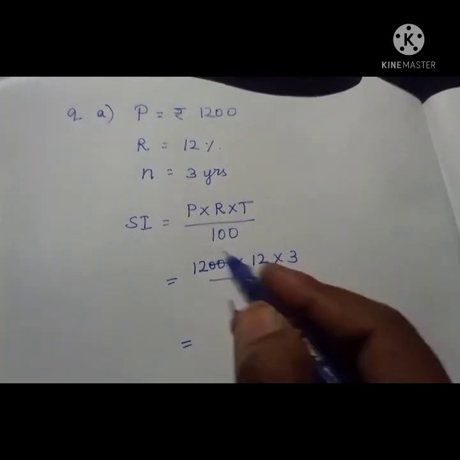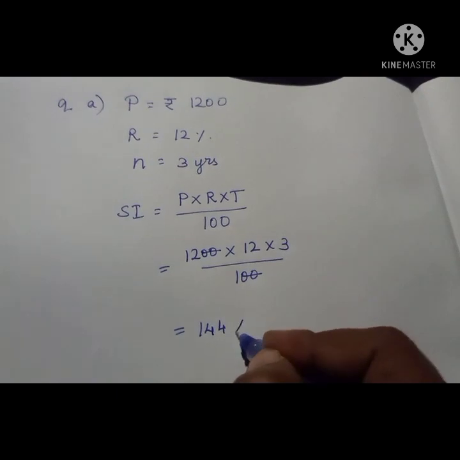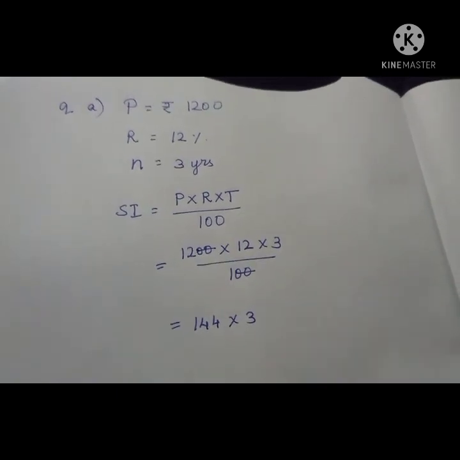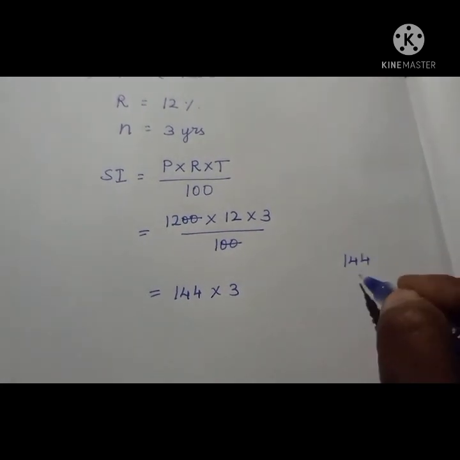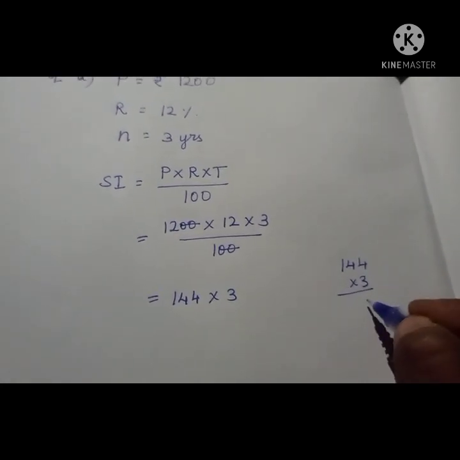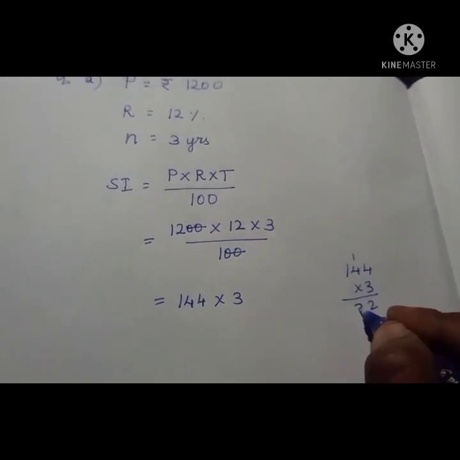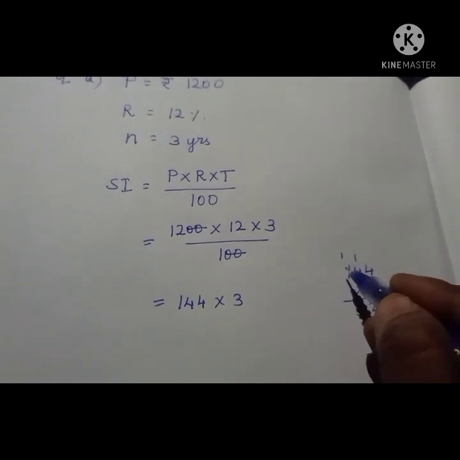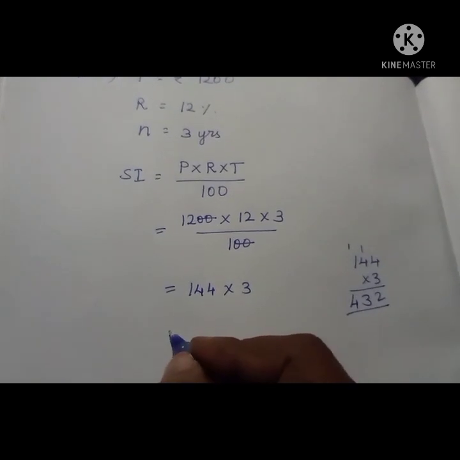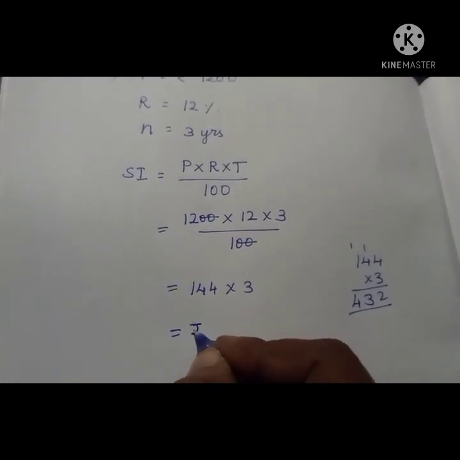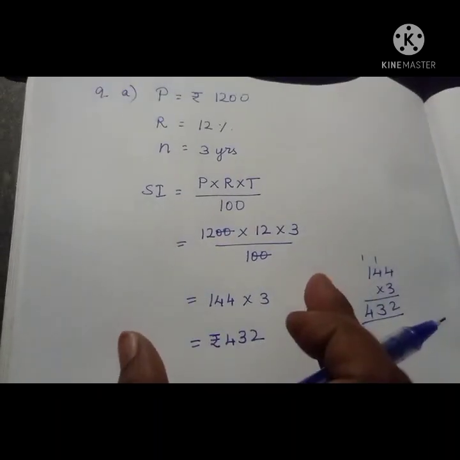So multiply 12 into 12, that is 144, into 3. 12 12s are 144, into 3. 144 into 3: 3 4s are 12, 2 carry over 1. 3 4s are 12, 12 plus 1 is 13, 3 carry over 1. 3 1s are 3, 3 plus 1 is 4. So 432. The interest is rupees 432.